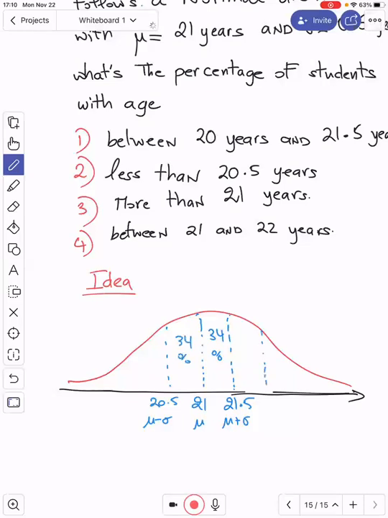Now, mu plus 2 sigma: mu is 21, plus 2 times 0.5, that's plus 1, so we have 22. Here we have 13.5%. And here it's 20, that's mu minus 2 sigma, and that's another 13.5. That's all you need to answer the 4 questions.